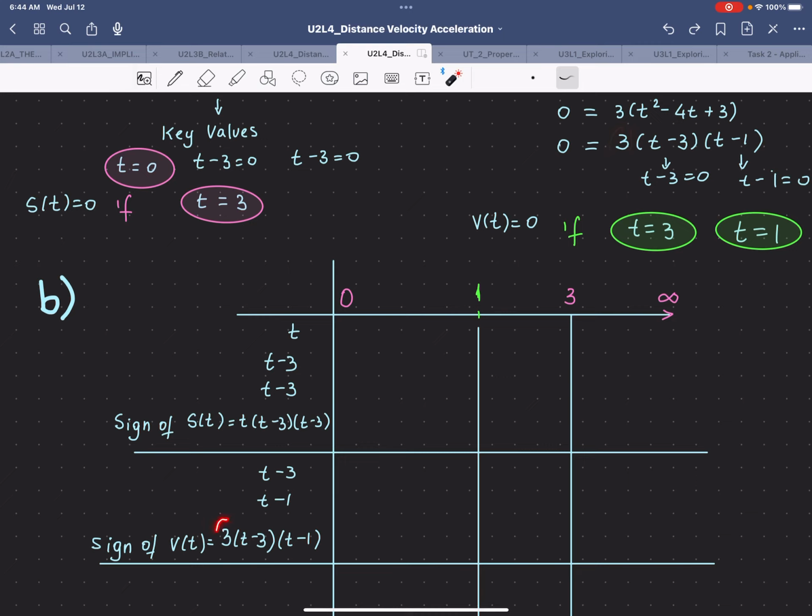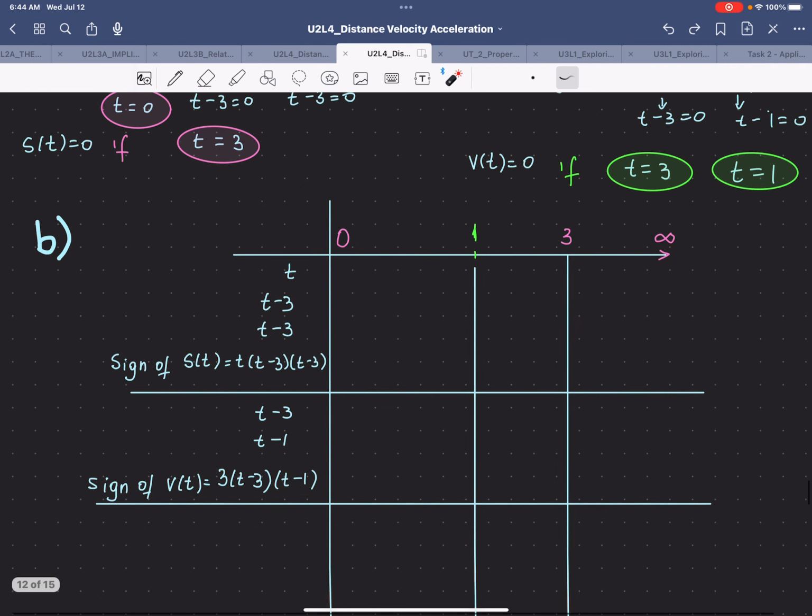Not because in this case it matters. When it is positive, we don't really need to include it in the sign of velocity because multiplication by a positive doesn't change the sign of an expression. But sometimes it might happen that we have a negative coefficient in here, and that can turn the solution all the way around. So it is important not to omit any of the coefficients.